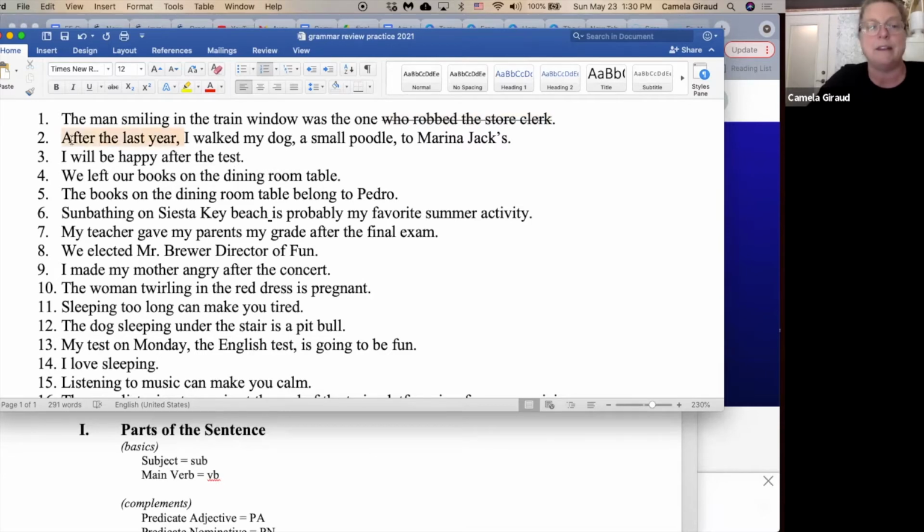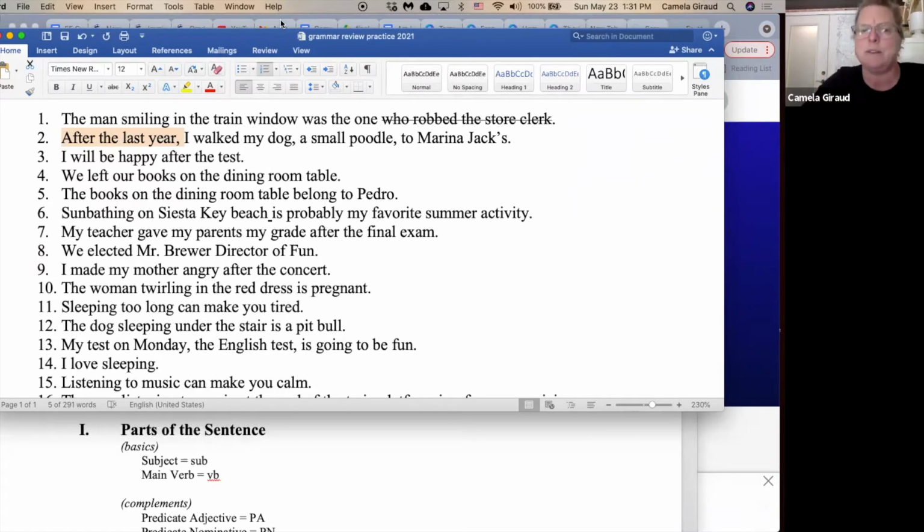After the last year, here's a prep phrase. I know it's a prep phrase because it starts with a preposition and it ends with a noun. So after is the preposition, year is the noun.